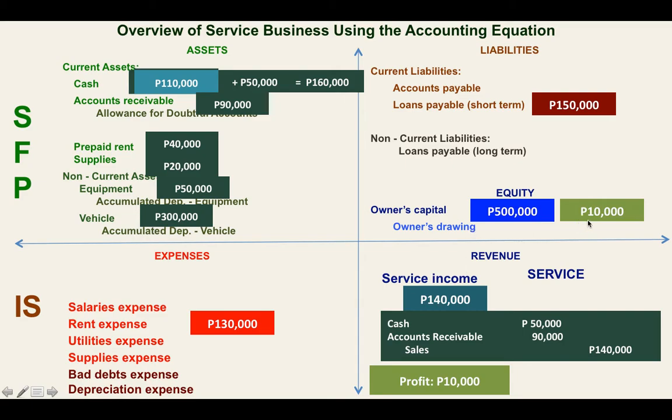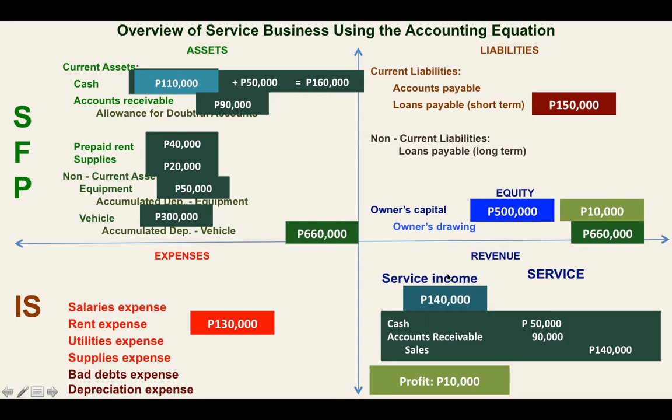Okay, so in this case, the 10,000 profit is already added to the owner's capital. And now you can prepare your statement of financial position at the end of the year. Make sure that your statement of financial position is balanced, as assets should be equal to liabilities and equity. Okay, so that is the service business.